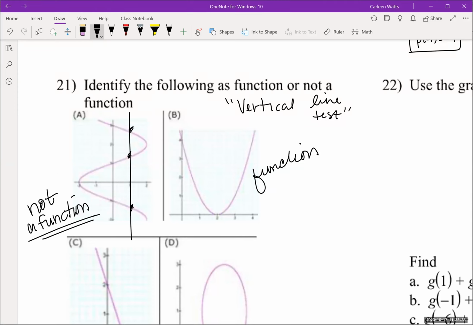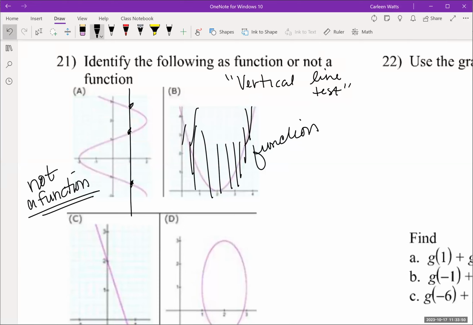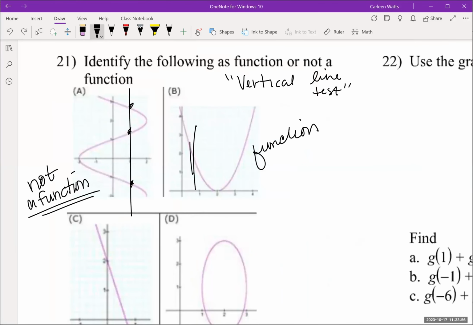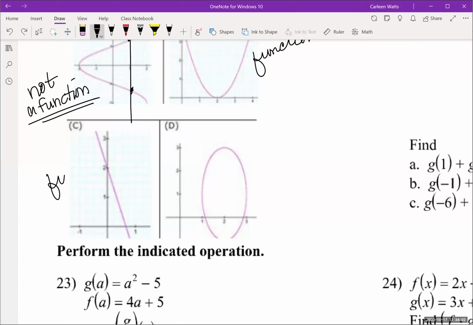So this fails the vertical line test and it's not a function. Here, there is nowhere on the graph where I can draw a vertical line that will hit the graph more than once. Function, not a function.